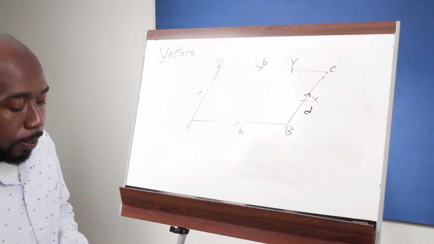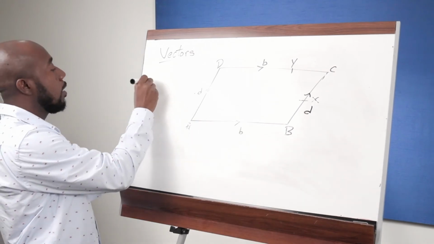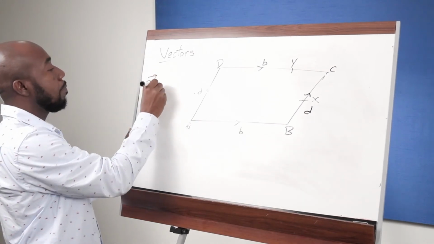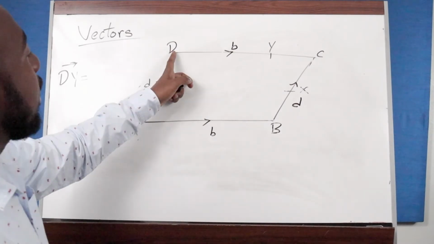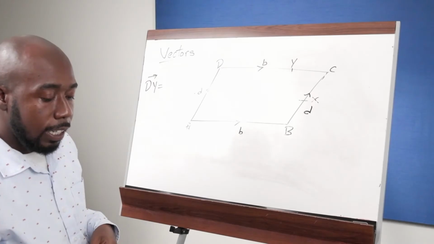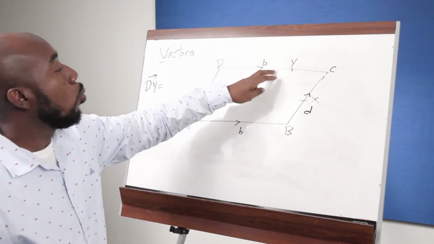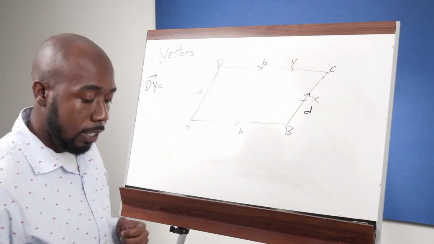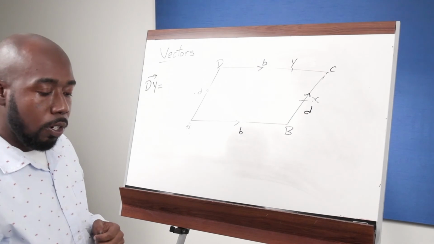Hope you understand what we're doing. Let's say we have D to Y. So we are here at D, and we want to get to Y. Note, it says DY is equal to 2 of CY.